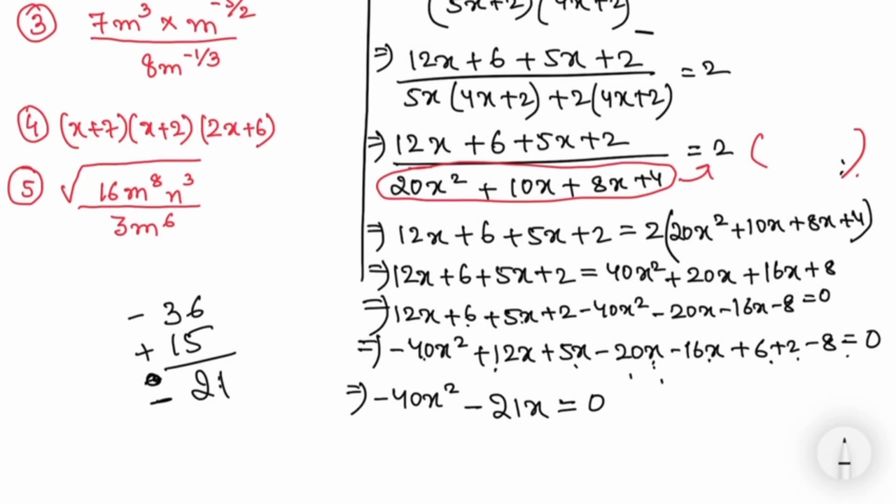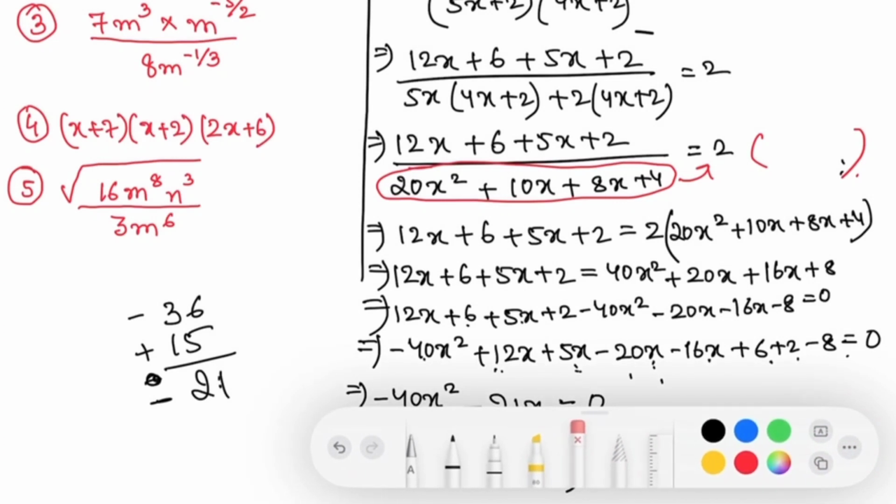Now what we'll do, we'll take minus as common. So it will become 4x square plus 21x. Okay, let me just cross verify it. 12 and 5 is 17, not 15. Sorry, my bad.